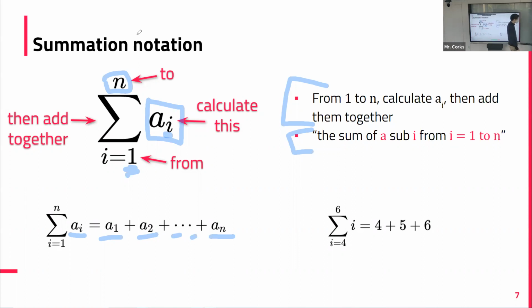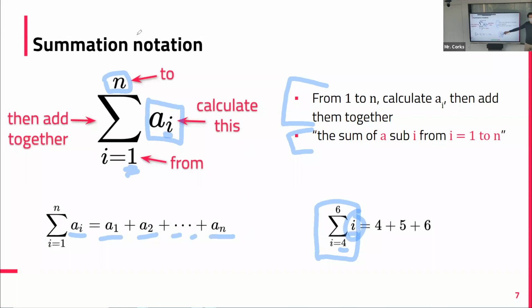Very practical, just very simple version of this would be what we have in the bottom right here. So our general term is just I, not even multiplied or added with anything, just that. And we can start, usually we'll start at 1, but we can start anywhere. So start when I is equal to 4 and calculate the front term.